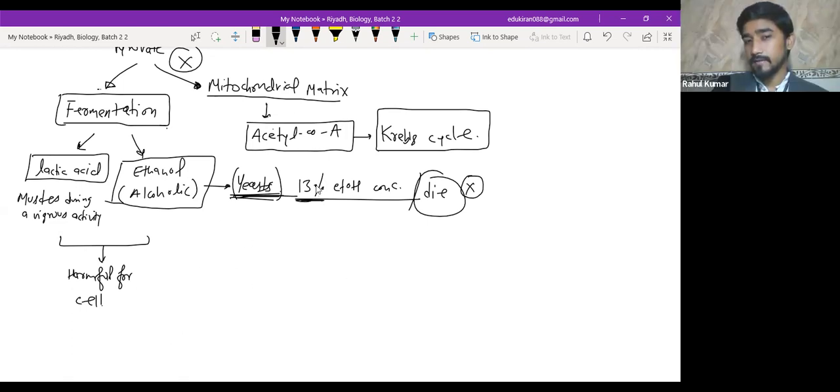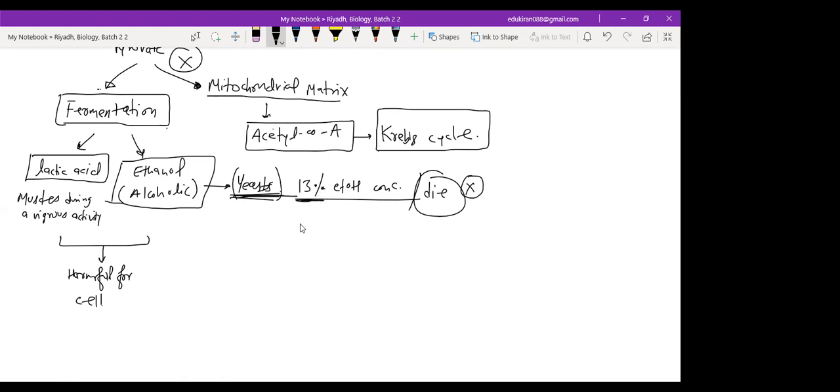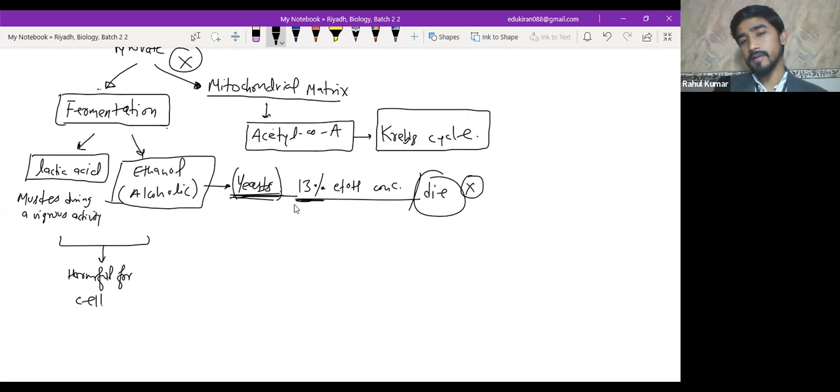It's actually 13. If there is a range given, it should be 13 to 16 in some books. But remember that at 13%, they start to die. At 16, all of the yeasts will die for sure. What is the maximum amount of alcohol that can be present in any naturally fermenting beverage?